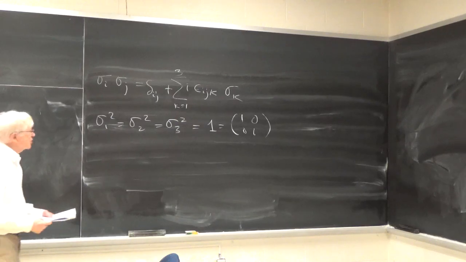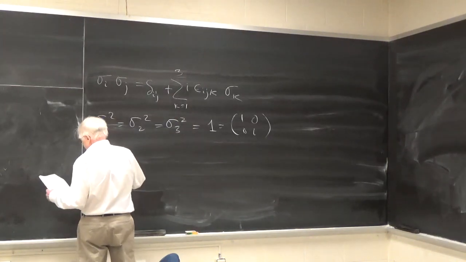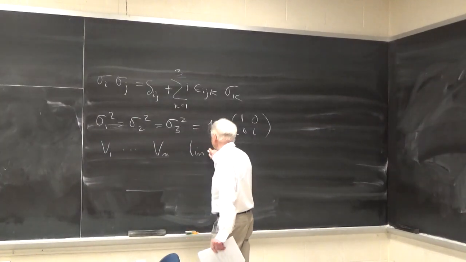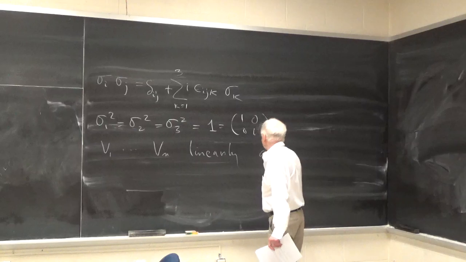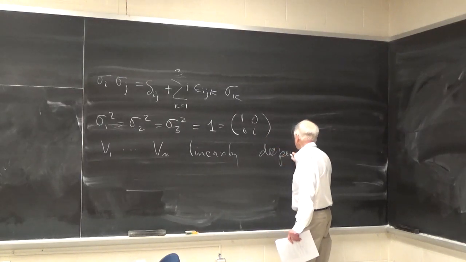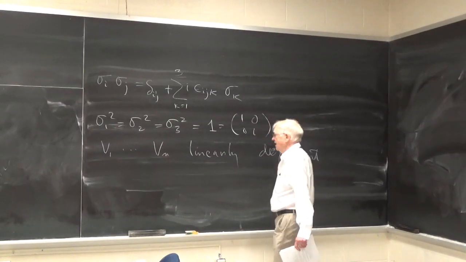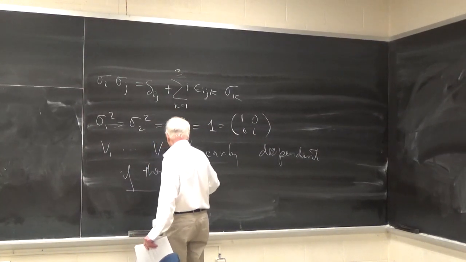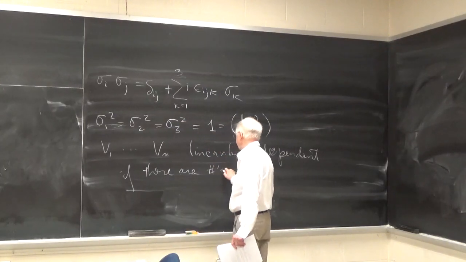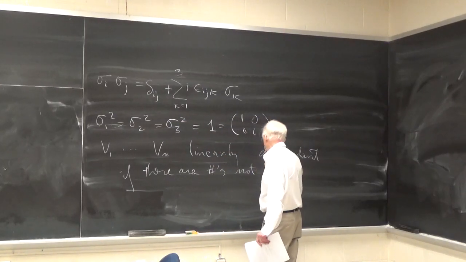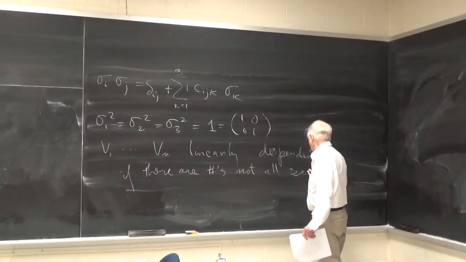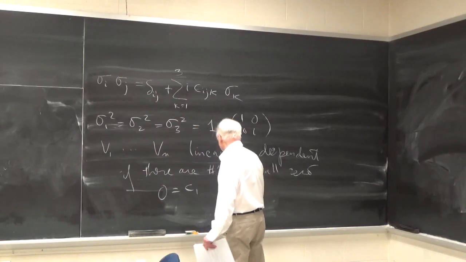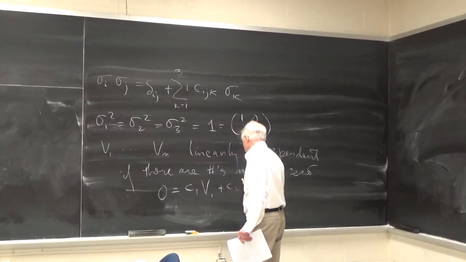A set of vectors v_1 through v_n are linearly dependent if there are numbers, not all 0, such that 0 is equal to c_1 v_1 plus c_2 v_2 and so on.